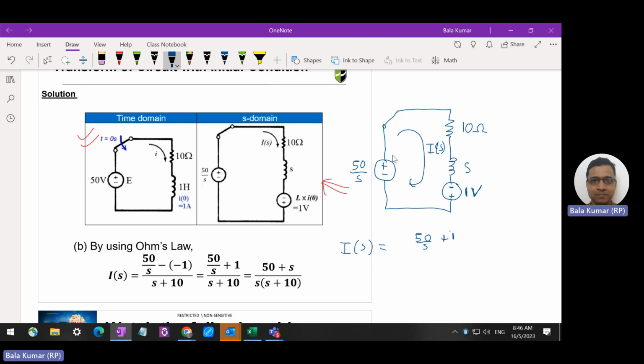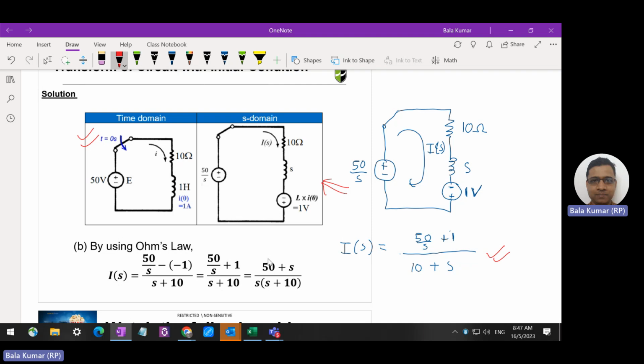For the source, current comes out from the positive terminal and enters the negative terminal. So we put plus 1, and if this were positive, we would put minus 1. Then we divide by the total impedance, which is just 10 plus S.